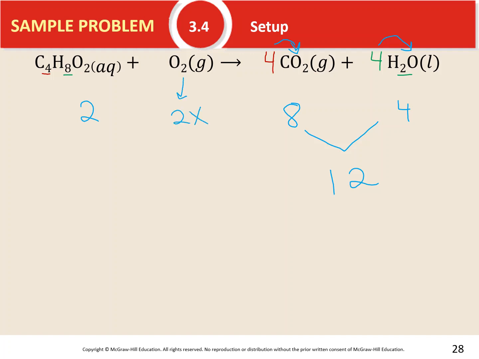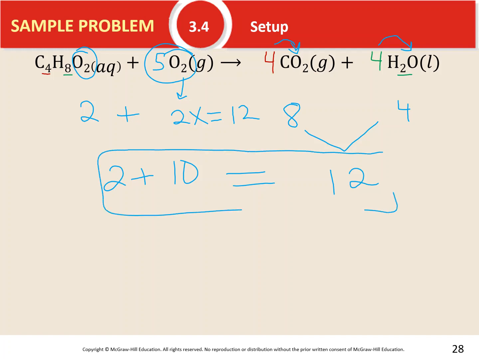So what number times 2 plus 2 gives me 12? The answer should be 5. Okay, if I put a 5 in front of that O2, then what I have is 5 times 2 is 10. I got the 2 here. 10 plus 2 does in fact equal 12, and I'm balanced.